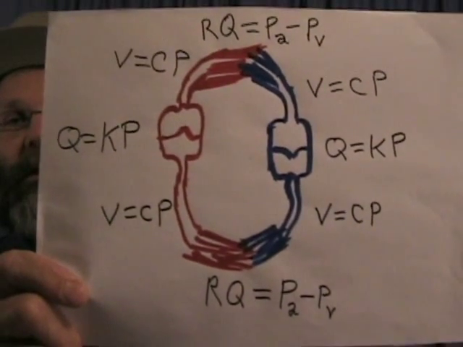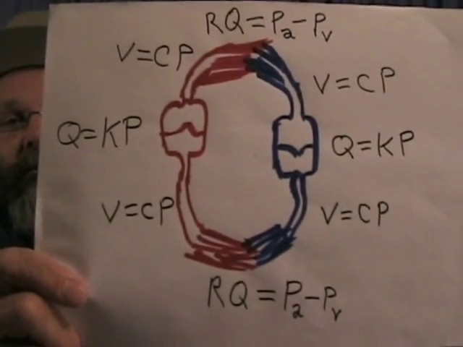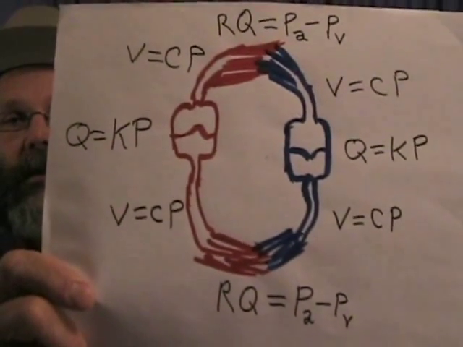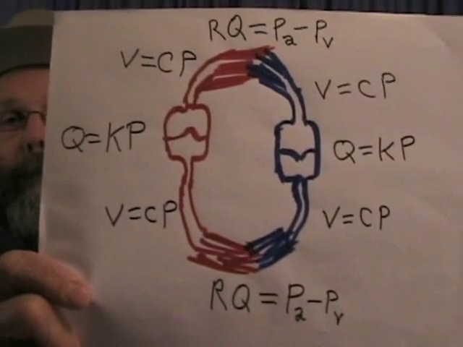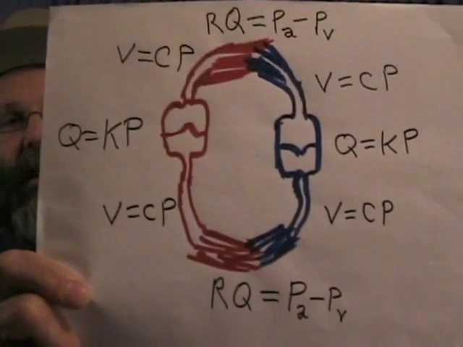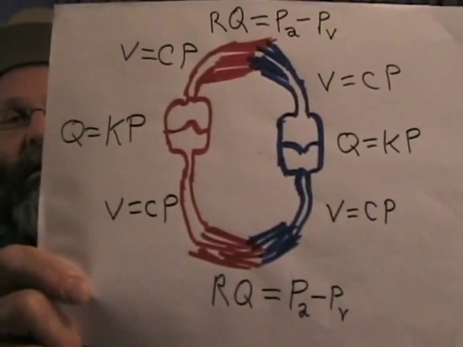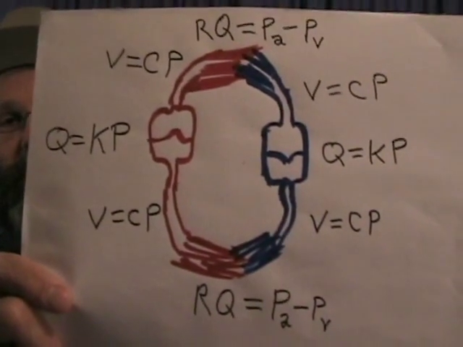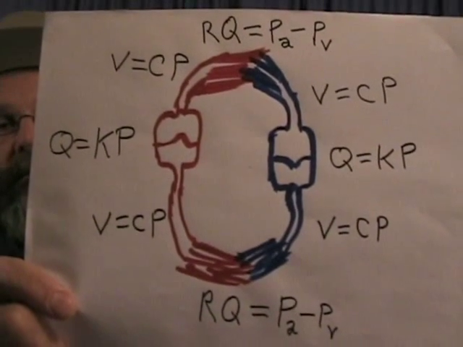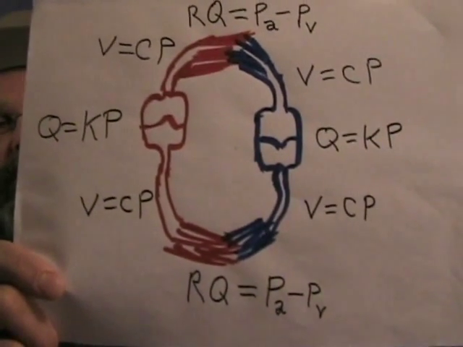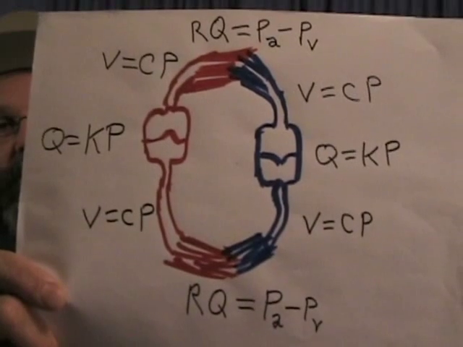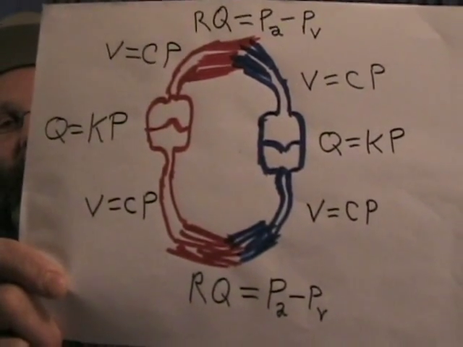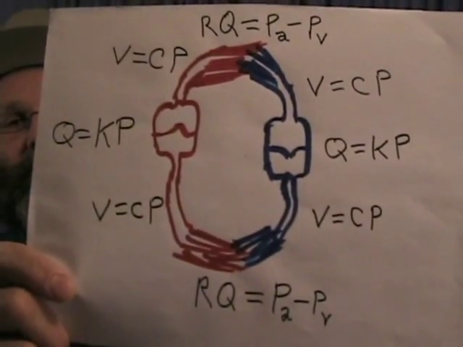Certain parts being compliant, V equals CP, certain parts being pumps, Q equal KP, and certain parts being resistance down in the capillaries, whether on the pulmonary in the lungs or in the body tissues. We have RQ is equal to the difference in the pressures from across venous and arterial pressures.